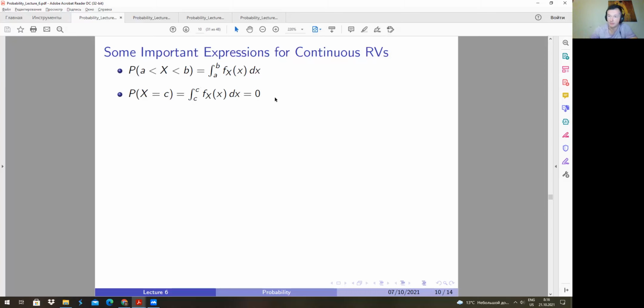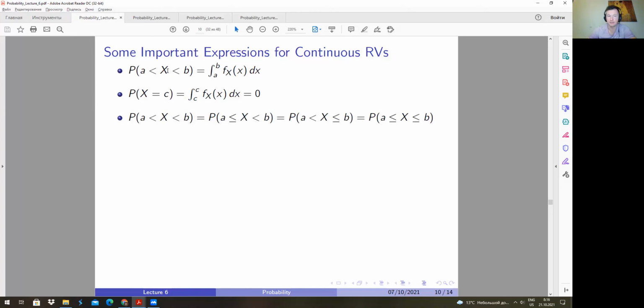So that's why I said that for a continuous random variable, there is no probability that it equals exactly some number. We always need some interval like this. This interval might be very small, but still there must be an interval and not the exact equality.